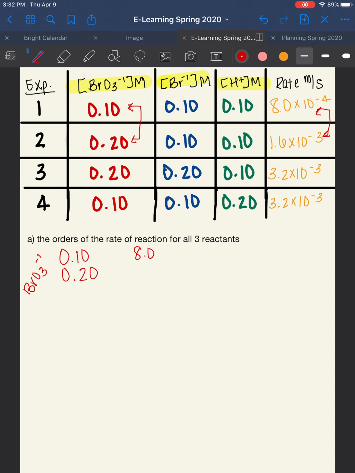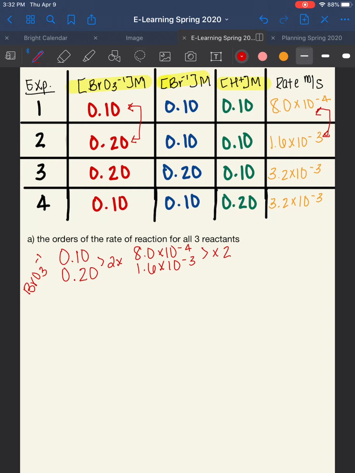The rate in experiment 1 was 8.0 times 10 to the negative 4, and the rate in experiment 2 is 1.6 times 10 to the negative 3. Looking at the values here, we see that the concentration doubled. It increased by 2 times, and the rate also increased by 2 times.